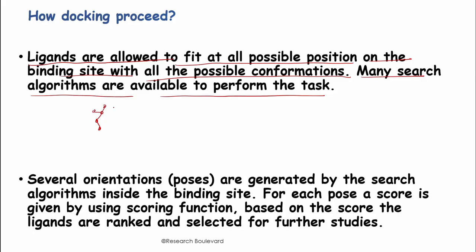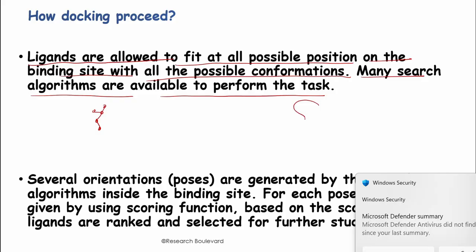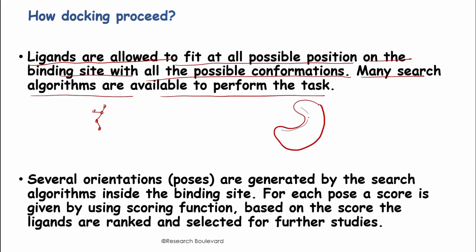This region is our active site pocket, and if you are making this ligand flexible, the same molecule can have different conformations. Maybe like this. This is the same molecule, but in a different conformation. So the first conformer, let's say second, and so on, right?